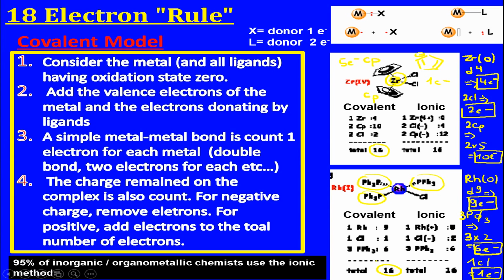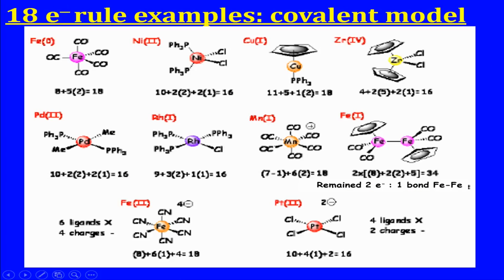But as I said, we prefer to use the ionic model. Please count the electrons in this complex by the 2 models, the ionic and the covalent models, and you have the solutions.